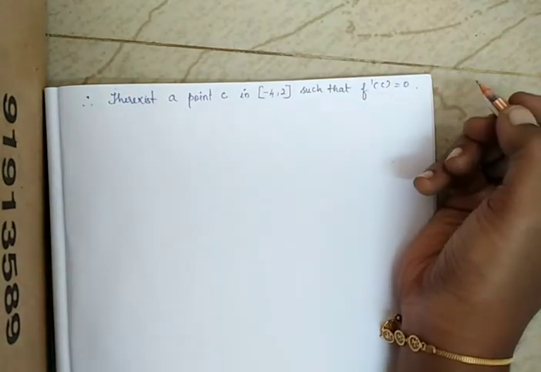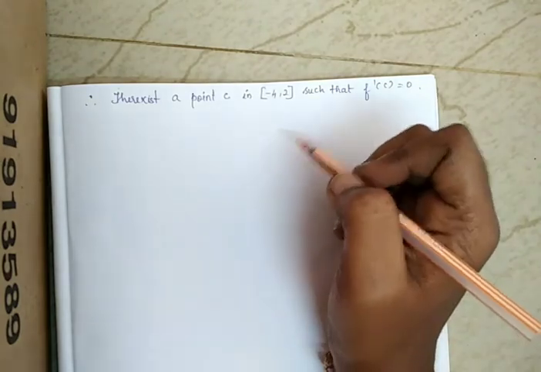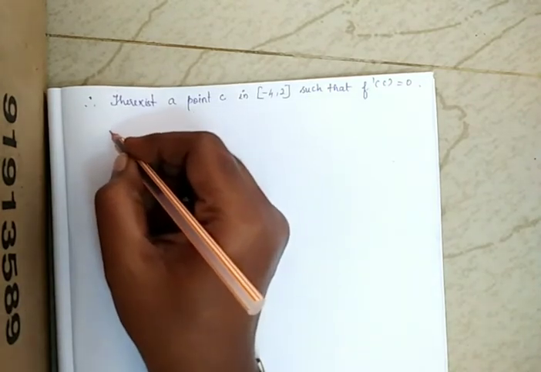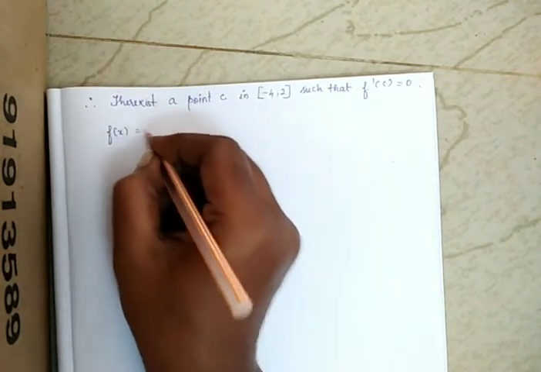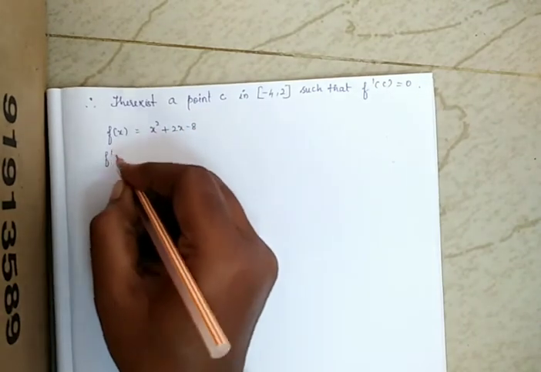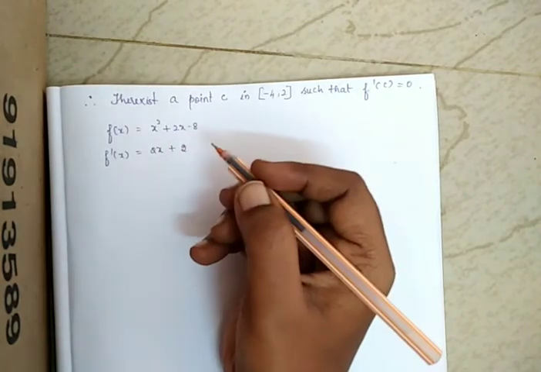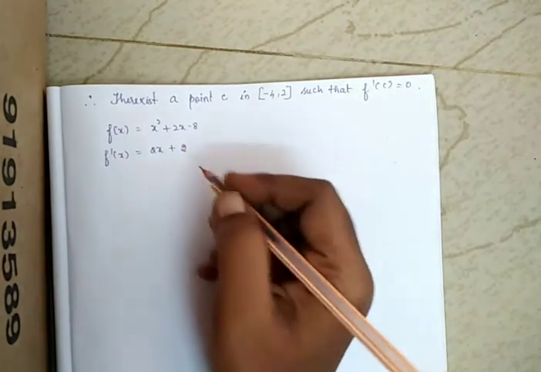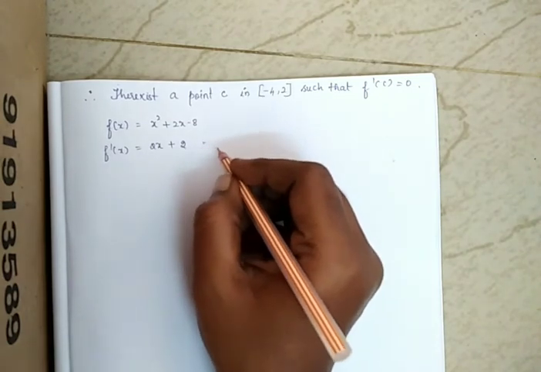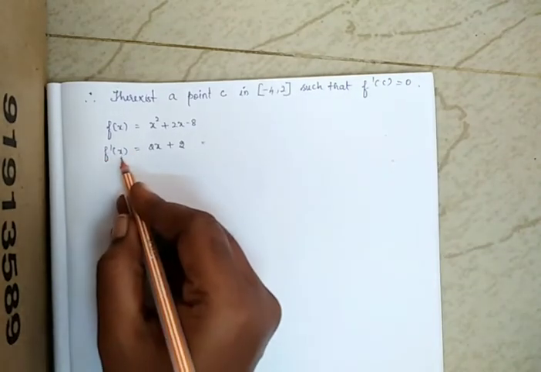This is the definition. Now first let us find what my point C is. For this we have to find the derivative. f of x is equal to x square plus 2x minus 8, so f dash of x is equal to 2x plus 2. This derivative we put equal to 0, since f dash of C is equal to 0. Here I have f dash of x.